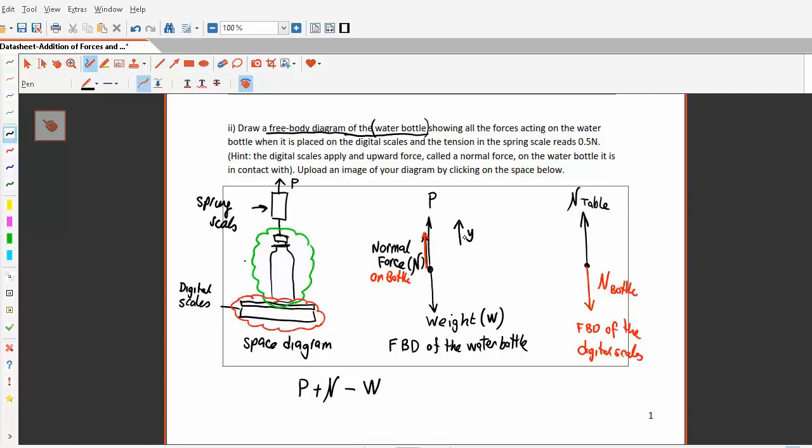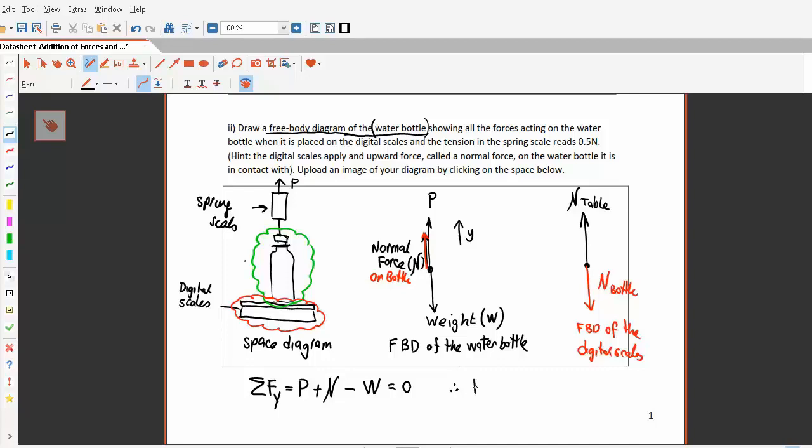Let's call this upwards direction the y direction. So we can see that the sum of the forces, this symbol here is sigma, means sum, in the y direction is going to equal this upwards force P. P is positive because it agrees with the positive direction of y, plus this normal force, the push upwards from the digital scales, and then this weight is negative because it's in the opposite direction to the y direction, and all of that must equal 0.